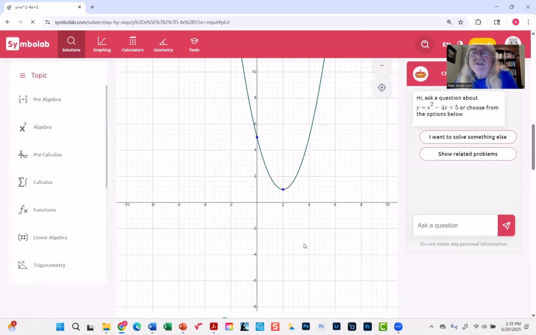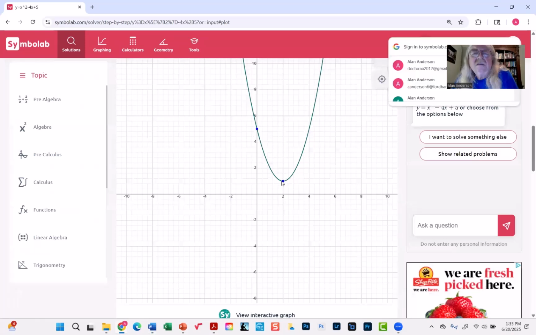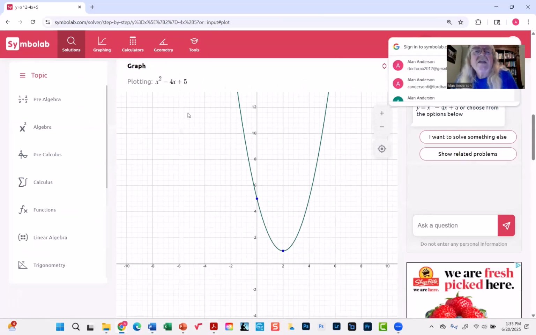Yeah, it must have confused it. This is what it looks like. And so, of course, we're only interested in the interval between -1 and +3. Maybe we can estimate that. Hold on a second.